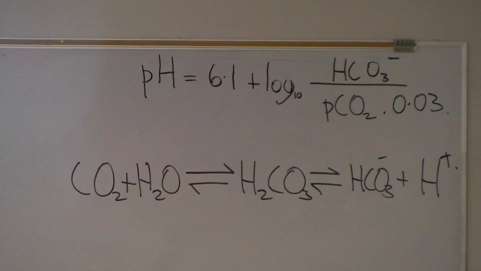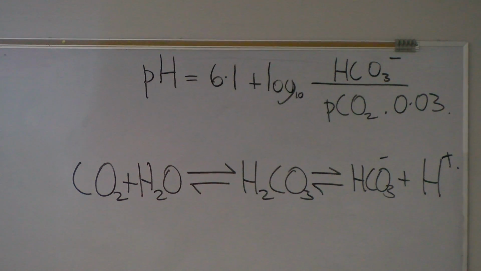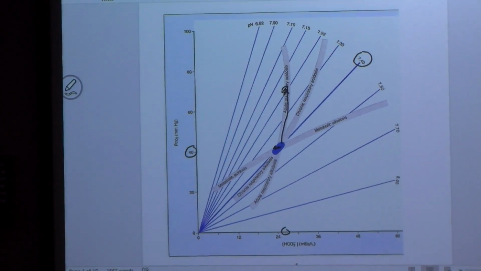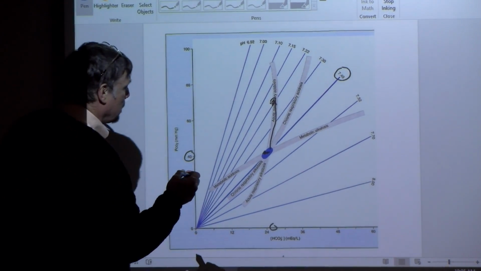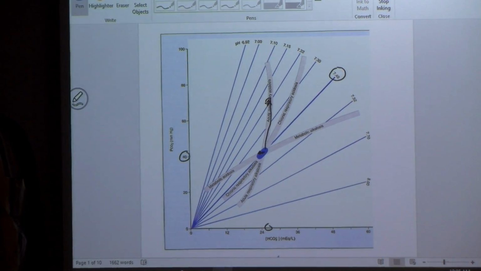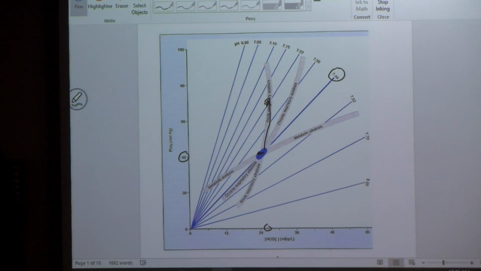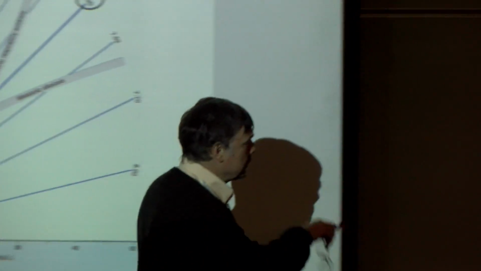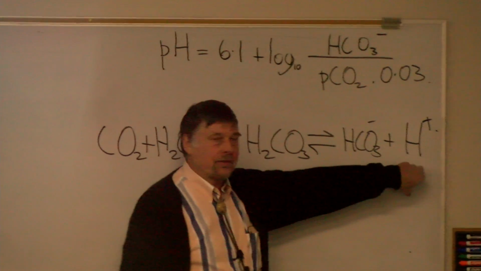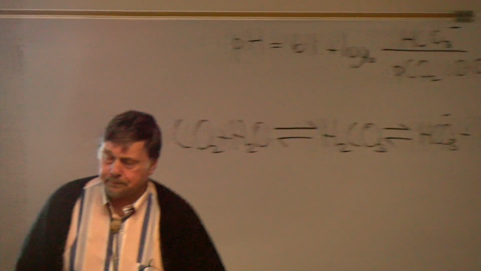Now, the kidneys, over a period of a day or so, can compensate for that abnormality. And under normal circumstances, they will. So what the kidneys will want to do is add bicarbonate. If the kidneys can add bicarbonate, it'll mop up this excess acid and go in this direction.